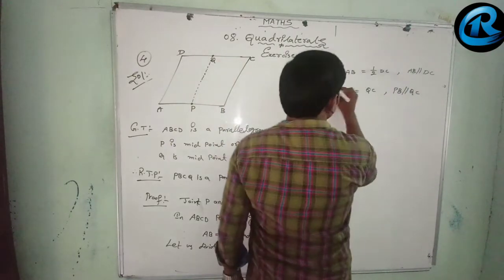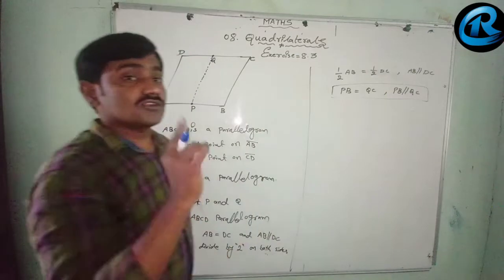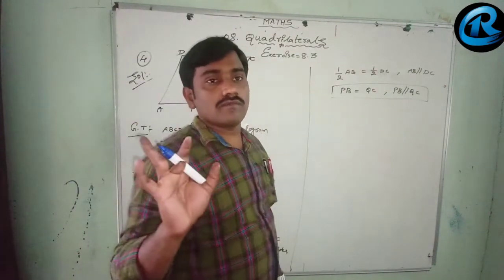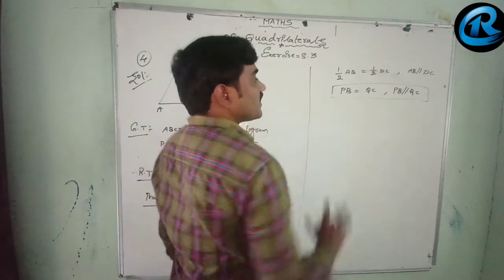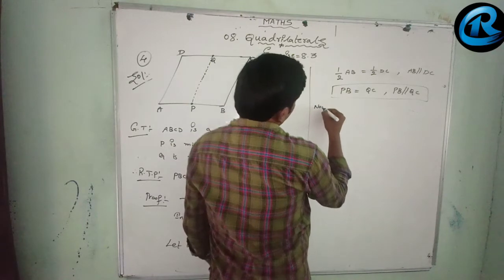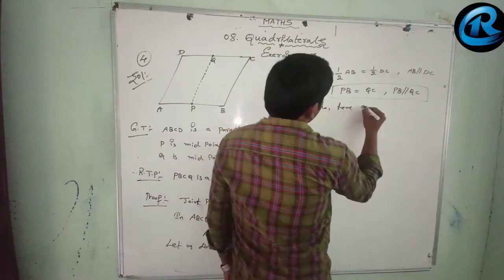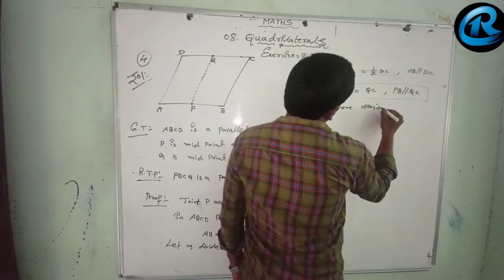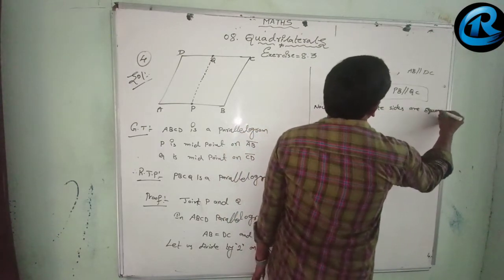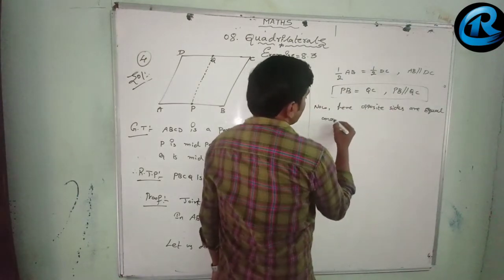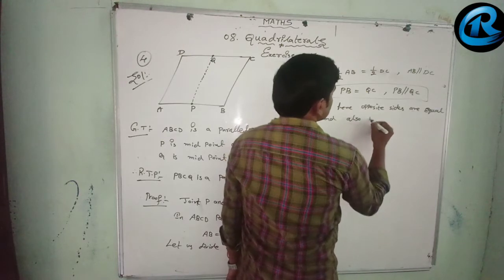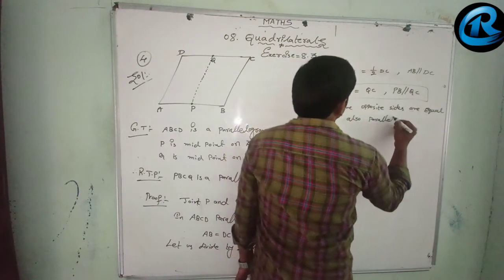So according to the theorem, if opposite sides are equal and parallel, it is always a parallelogram. Here opposite sides are equal and also parallel.